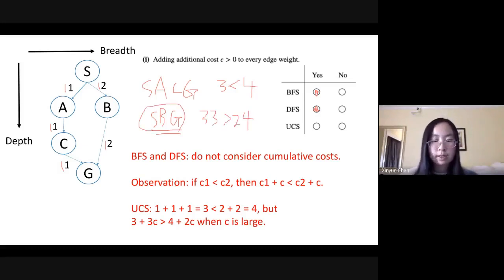The idea is that when the additional cost C is large, it changes the ordering of the cumulative costs for different paths. This is why for UCS, adding additional cost per edge will change the solution.